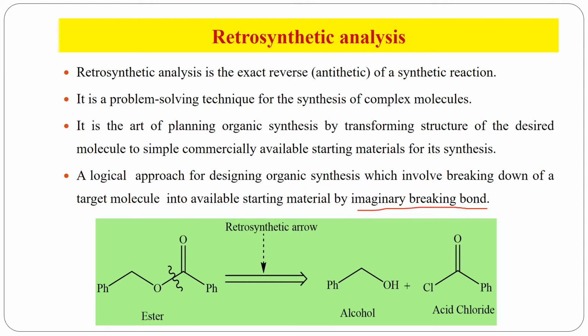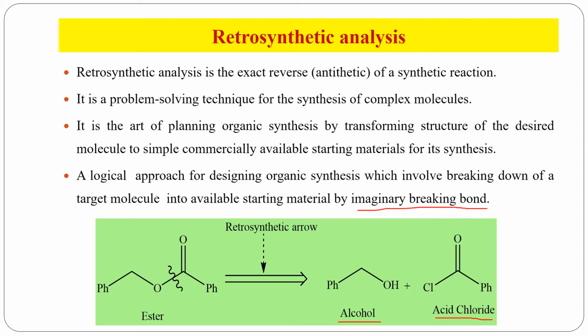So, how to synthesize a complex molecule, which is our target molecule, which is our desired molecule? That desired molecule is mentally broken down into the simpler ones. Here is an ester. We all know that ester is formed by the use of alcohol and a carboxylic acid or its acid chloride derivative.